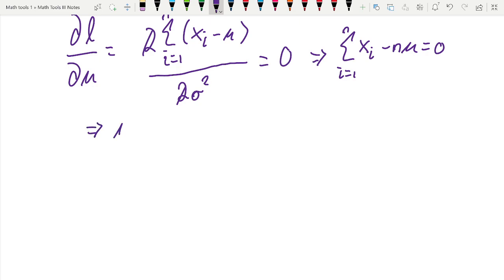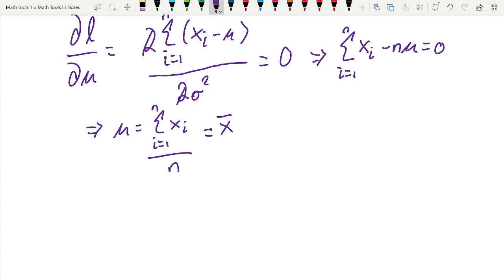So this will imply that mu is equal to the sum from i equals 1 to n of xi over n. Hopefully that looks familiar to you. That's the sample mean. So the maximum likelihood estimate of the population mean is the sample mean.